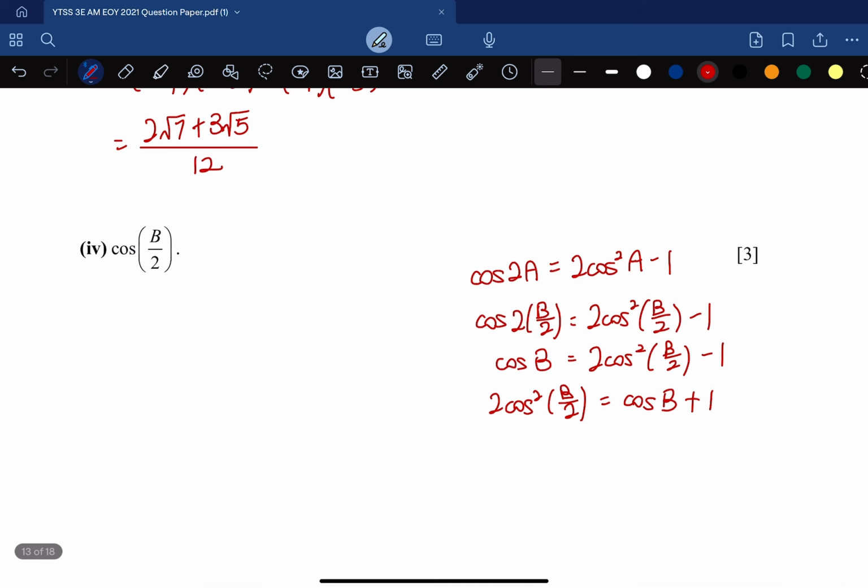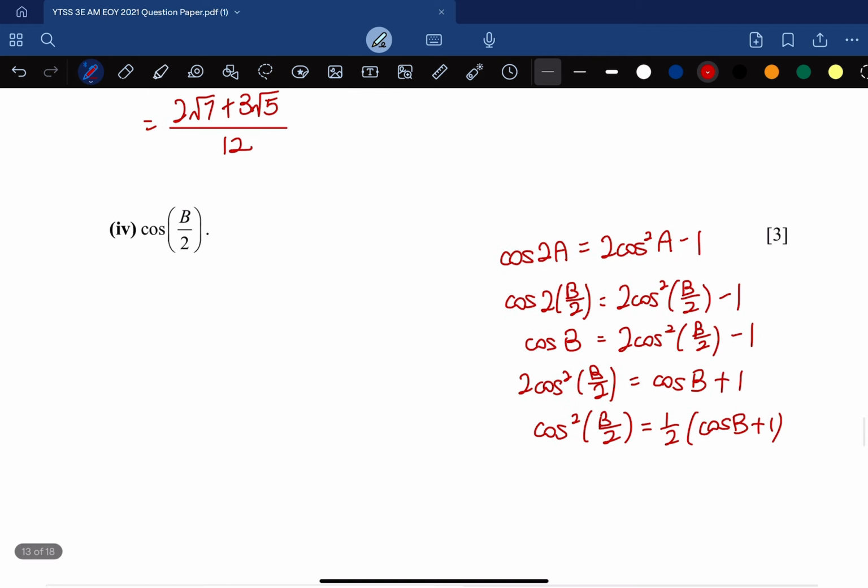Therefore cosine squared B over 2 is equal to half times cosine B plus 1.